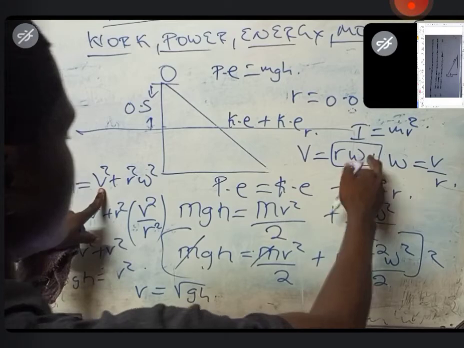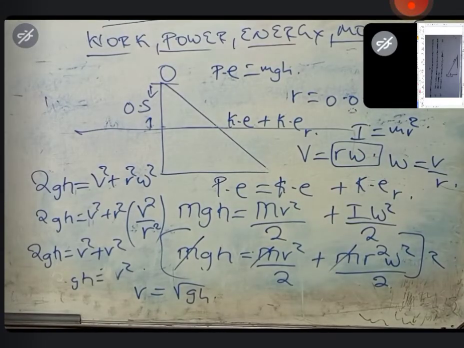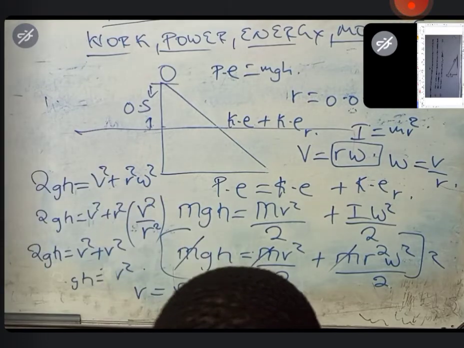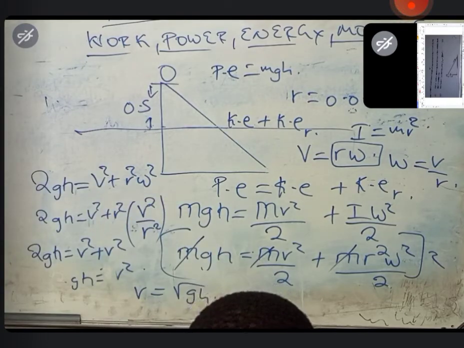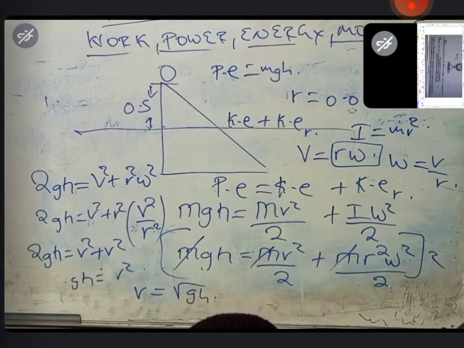So what do you find? The rotational speed. I'll allow any questions.